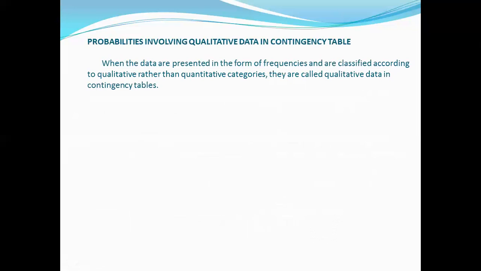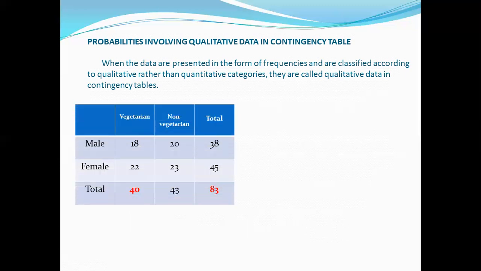Okay, so next would be probabilities involving qualitative data in a contingency table. Usually, our data is arranged in a table, specifically a contingency table. When we say contingency table, our variables are cross-tabulated. For example, this one cross-tabulates gender and the status of being vegetarian or non-vegetarian.